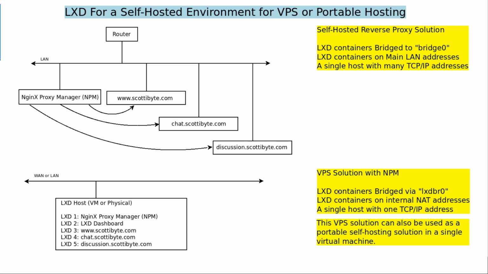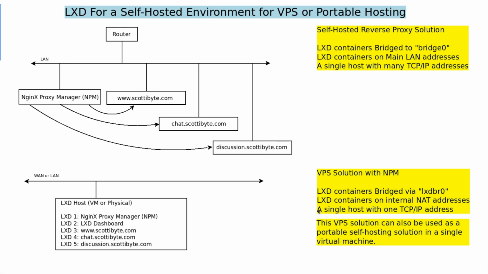So LXD containers would be bridged via the LXD bridge device that gets created when you do a LXD init. And therefore the containers would be on internal NAT addresses inside of the private LXD network that gets created.